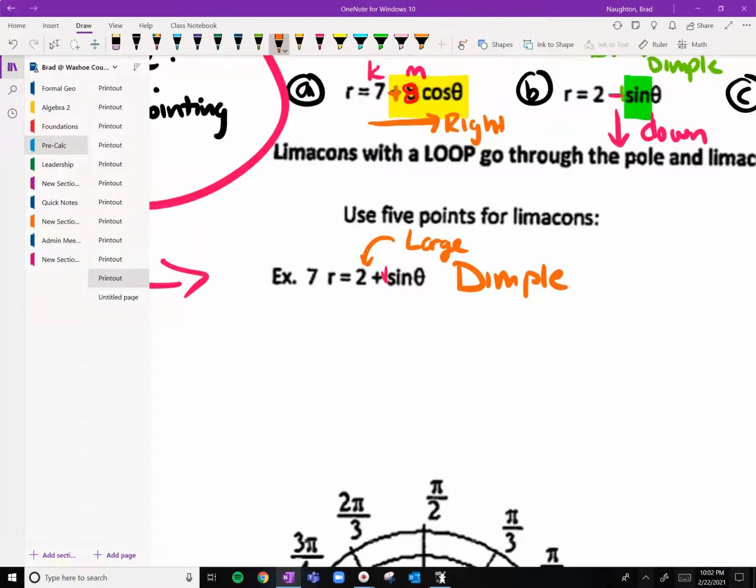I'm also going to notice that this is a plus sign, so my tip is going to be going up. If I were to draw this just very basically, it would be something like this. We can see it's a positive sine, so it's going to be going up. We're going to have our pole inside. It's not exactly going to sit right there.